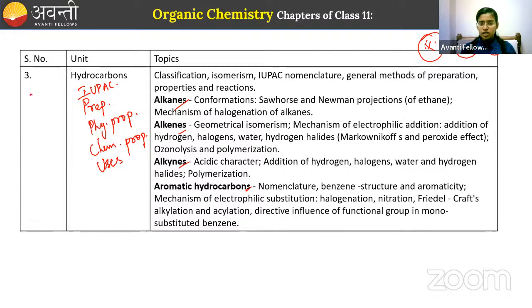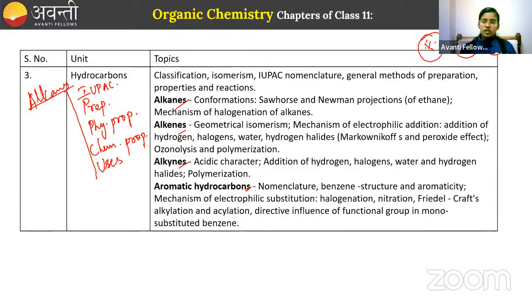Okay. So if I'm going to study about alkanes, I will learn all these 4 to 5 topics under alkanes. Then if I'm going for alkenes, I will study the IUPAC nomenclature, preparation of alkenes, physical properties of alkenes and chemical properties of alkenes and uses of alkenes. Then I will go to alkynes. Again, the same 5 things will be repeated. Okay.